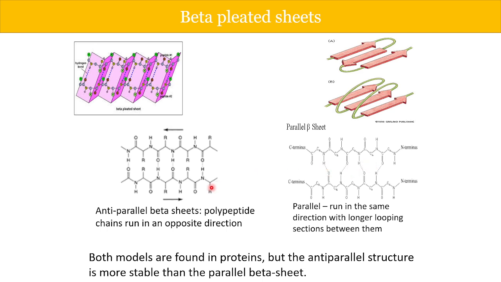On the other hand, the anti-parallel beta sheets are more prominent in proteins, because the distance between the oxygen and the electropositive hydrogen is shorter, as we need these two atoms in close proximity. We cannot accommodate all of these in parallel beta strands, but for anti-parallel beta strands, where one is running from the N to the C terminus and the other from the C to the N terminus, that actually favors your protein folding.